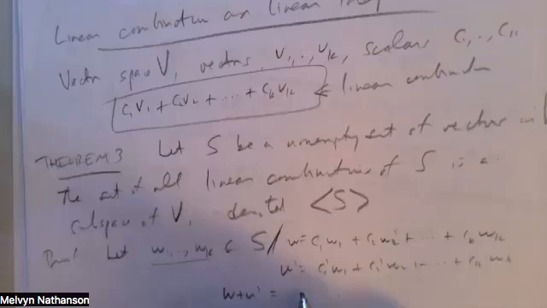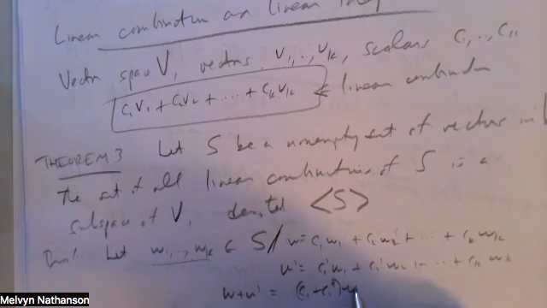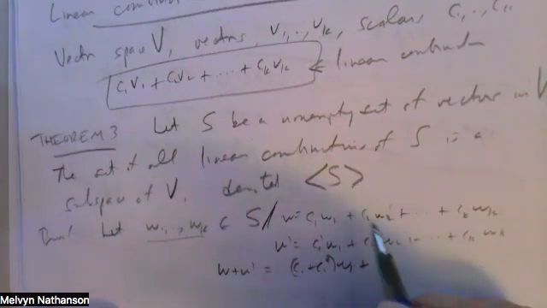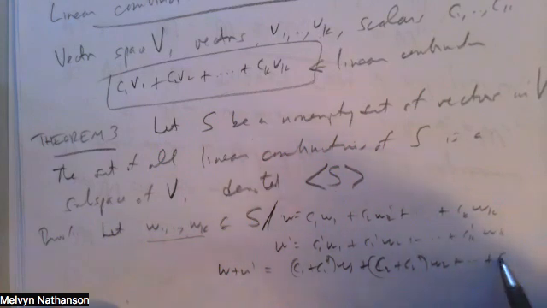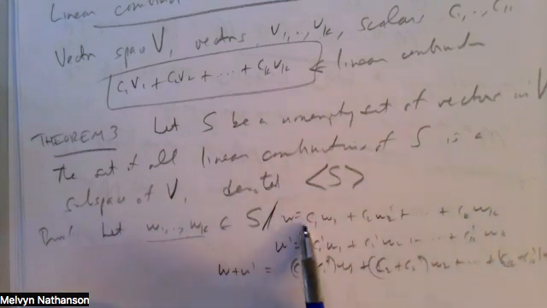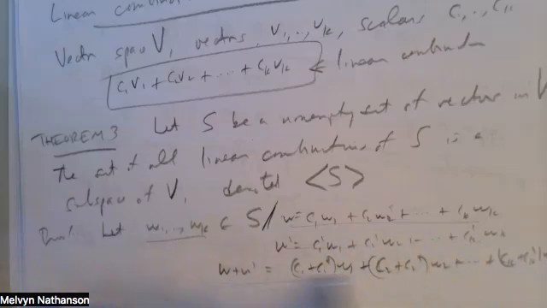If I add and use distributivity of my scalar multiplication, I get C1W1 plus C1 prime W1, which is (C1 plus C1 prime) W1. And then I get (C2 plus C2 prime) W2, up to (Ck plus Ck prime) Wk. So one linear combination added to another gives me a third linear combination.